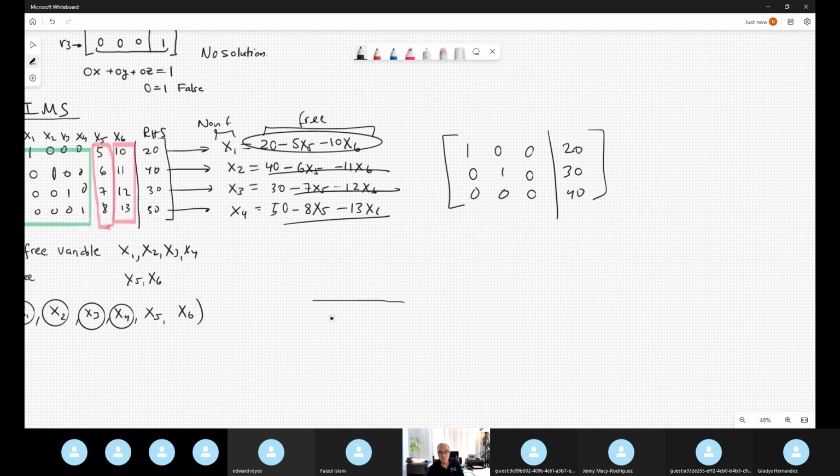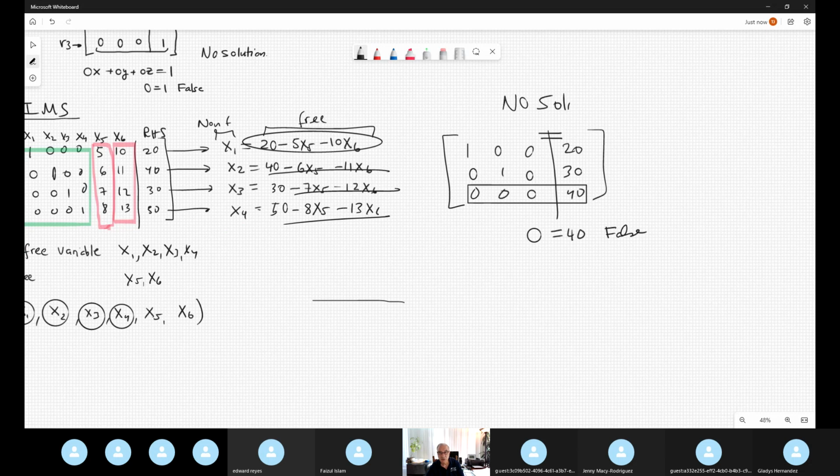Okay, something like that. Well, in this case, you see again the last equation, we have a contradiction because remember this line represents the equal sign. And 0 is equal to 40 is a contradiction, totally false, no solution.